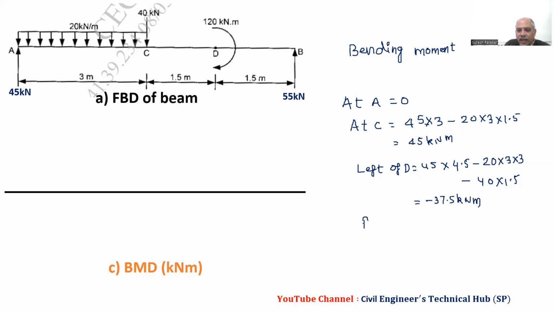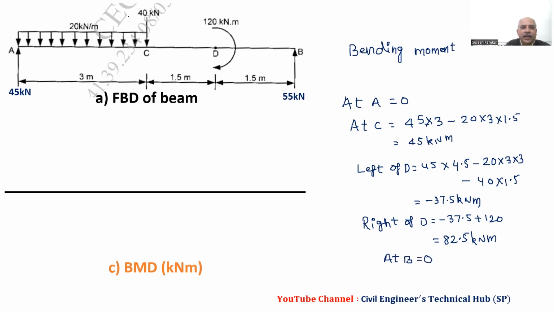Then we have right of D. We just have to add the couple, the other things remain the same: minus 37.5 plus 120, and it will be 82.5 kilonewton meter. And then at B, we have 0.